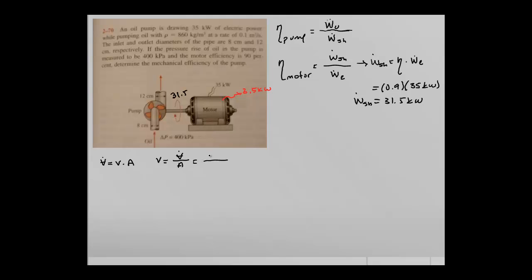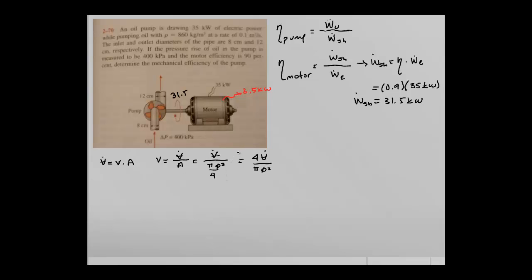In other words, it will be the volumetric flow rate times 4 over pi diameter squared.